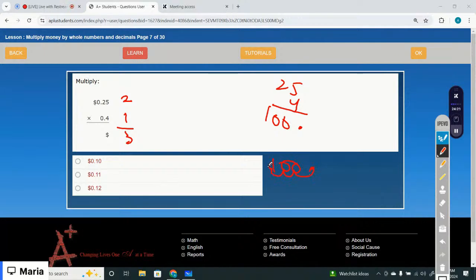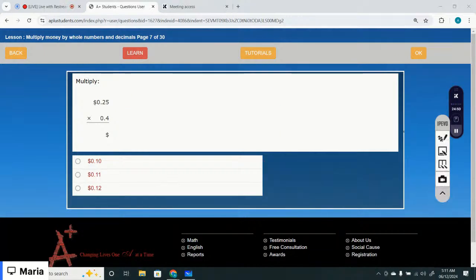One, two, three. So it would move from here. That is 0.100. Option number 1 is the correct option.